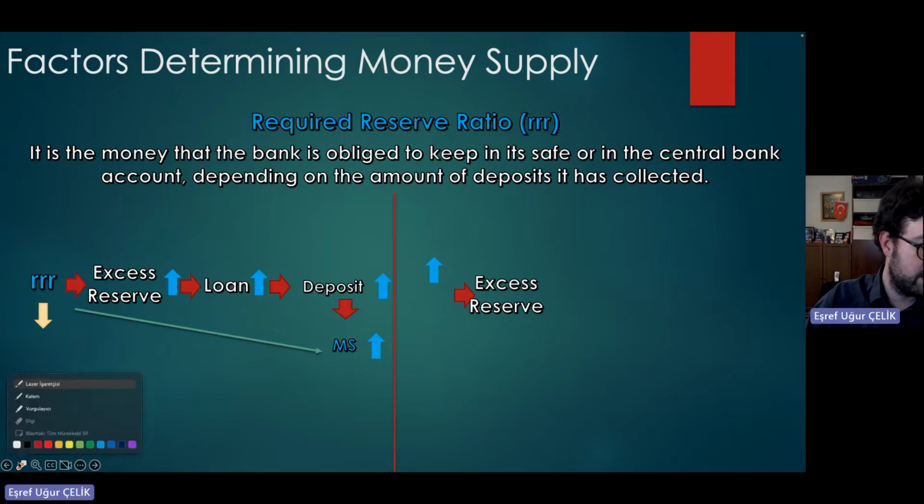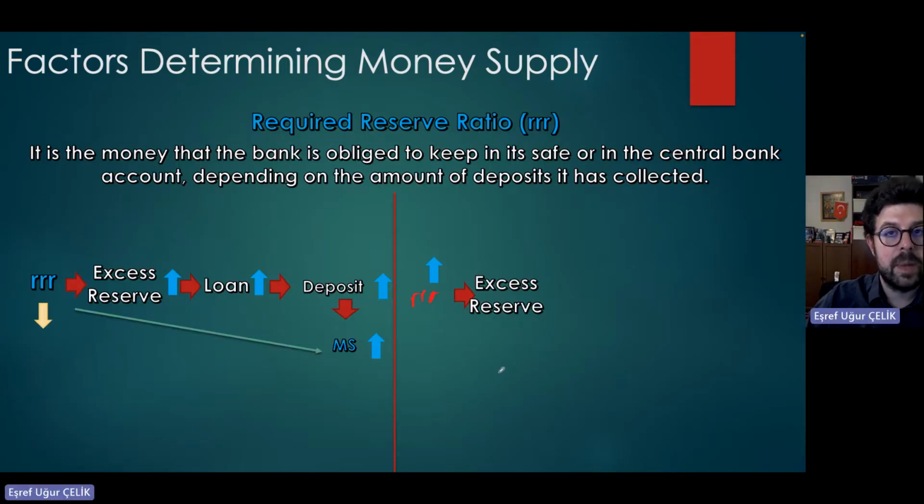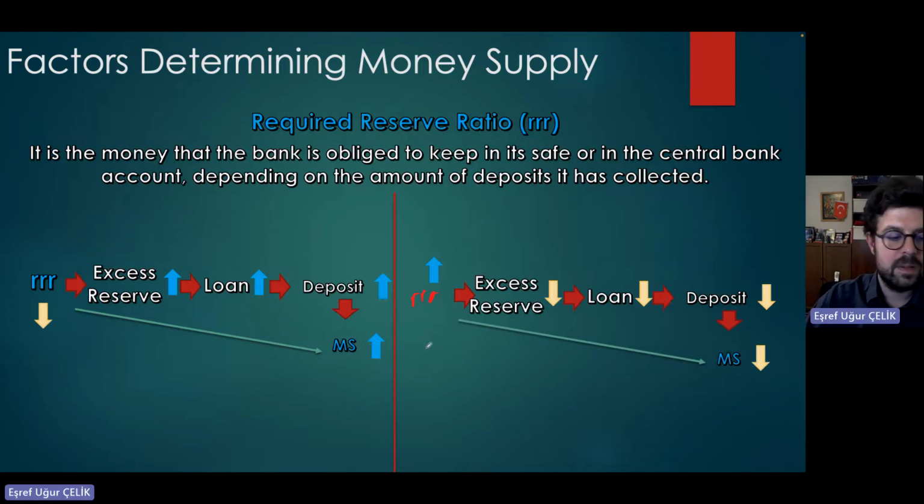I forgot to write it down. When the required reserve ratio becomes higher, the bank has to hold more required reserve. That's why the excess reserve part becomes lower, and the banks give less loans to other actors. So the deposits also become lower, and the money supply level becomes lower.